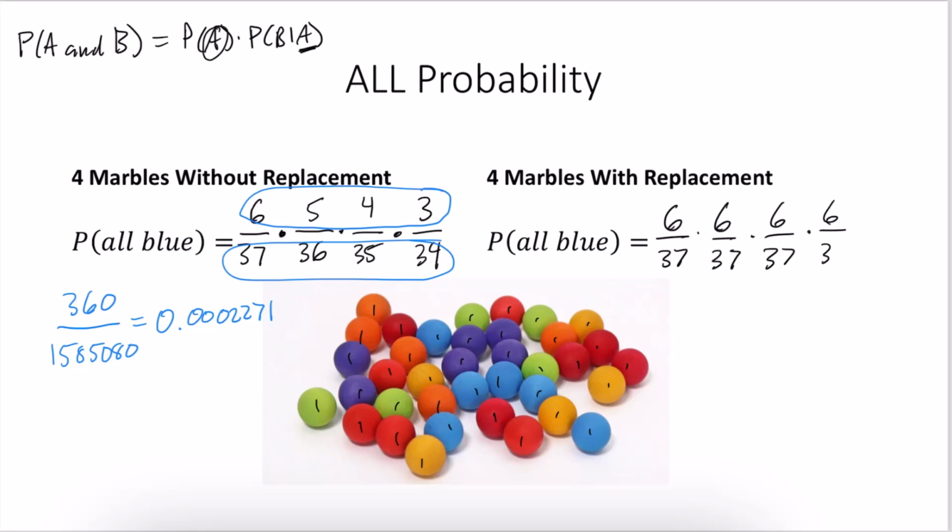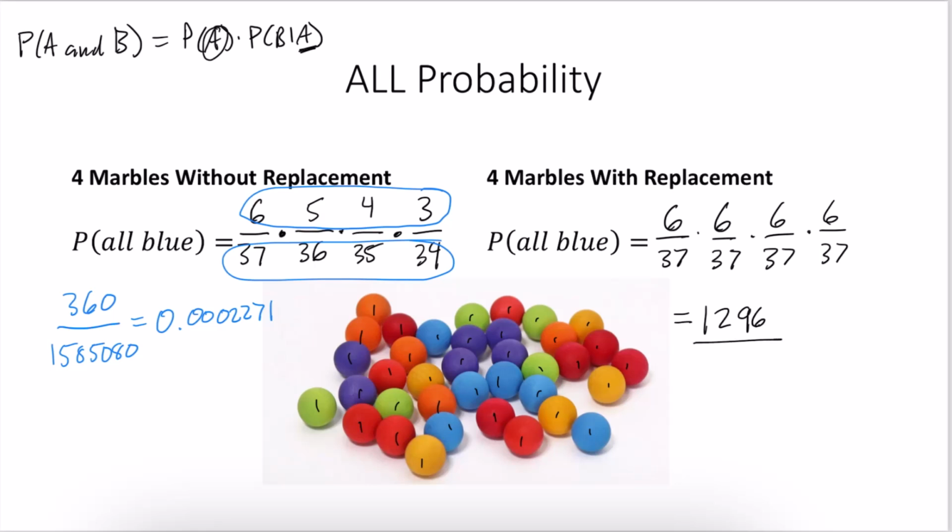So when you have these problems, pay attention to whether or not you have replacement because it will slightly change your calculations and your final answer. Because in this case, when you do 6 times 6 times 6 times 6, or you can also do that as a regular exponent, not a falling exponent, you get 1296.